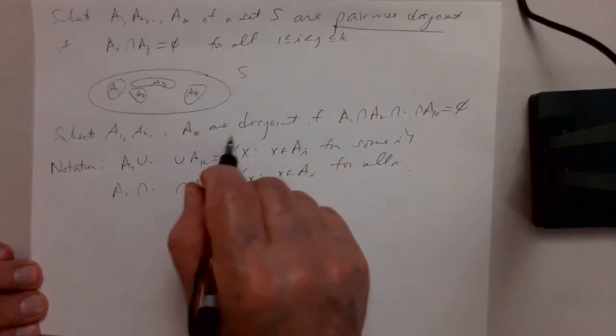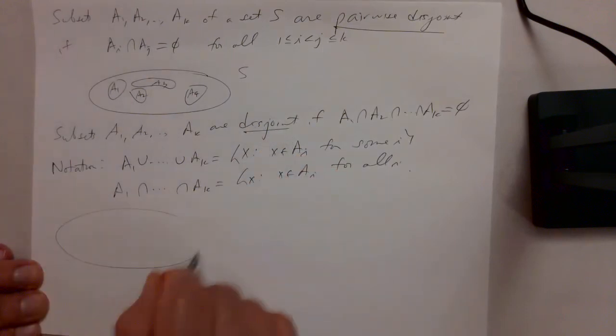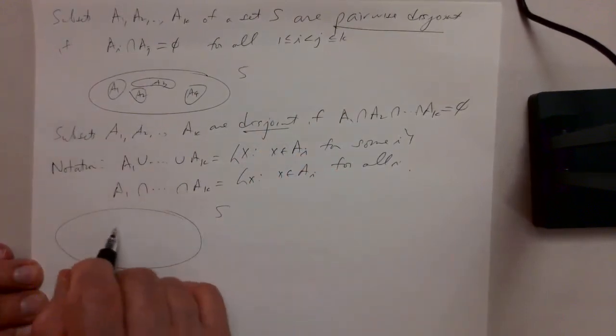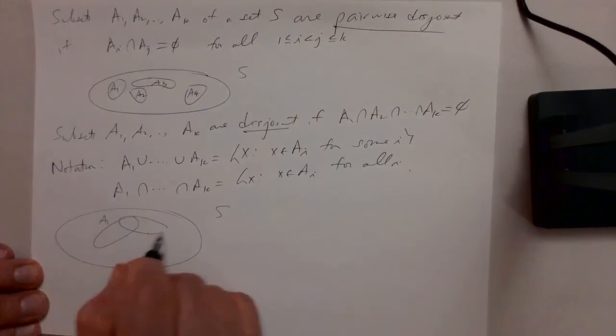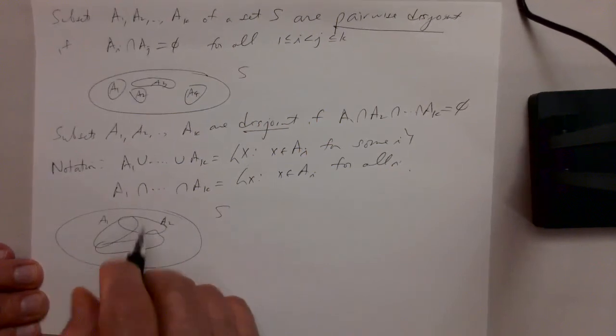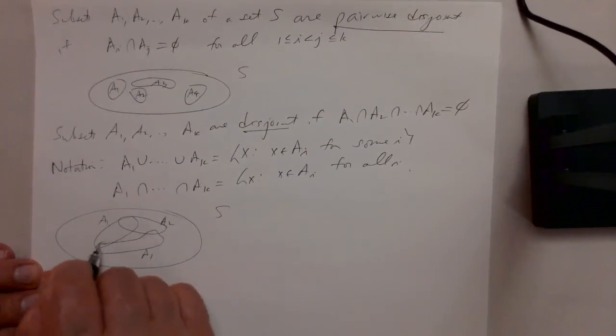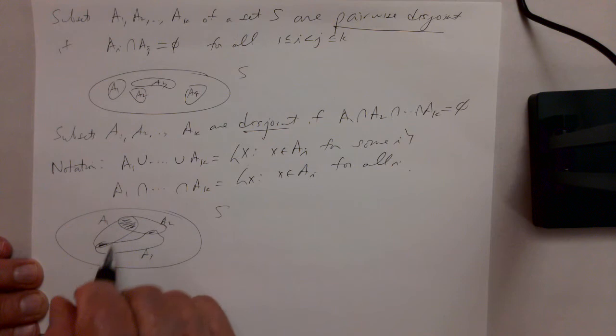So what's an example of sets that are disjoint, but not pairwise disjoint? Let's say this is the set S. Suppose this is A1, this is A2, and this is A3. So A1 and A2 intersect.